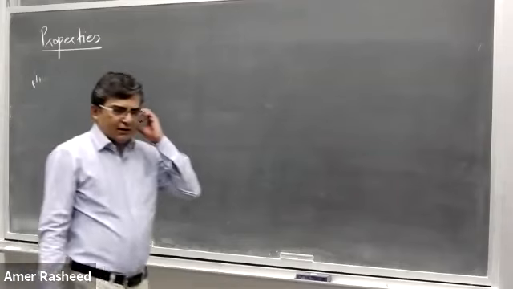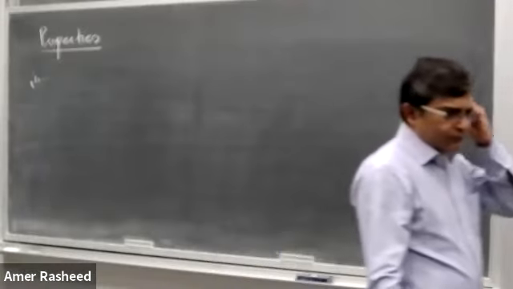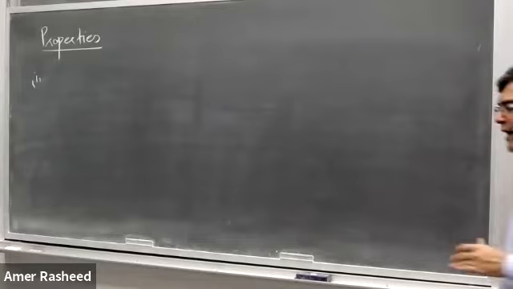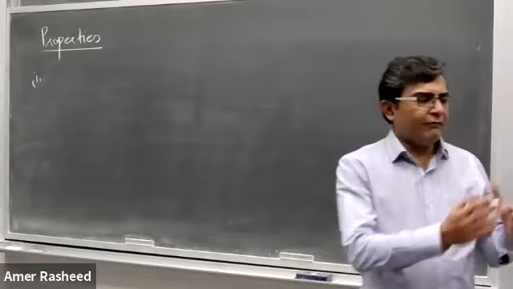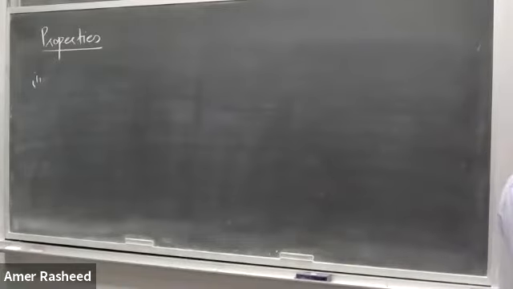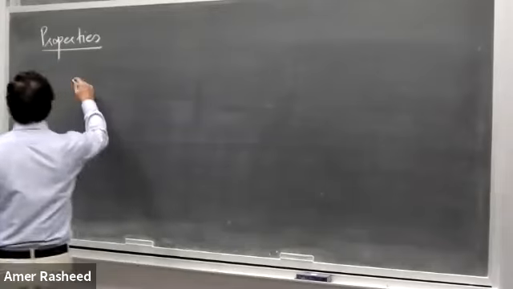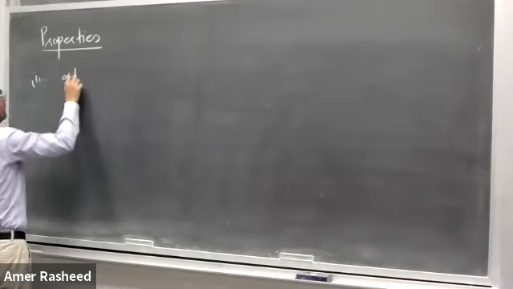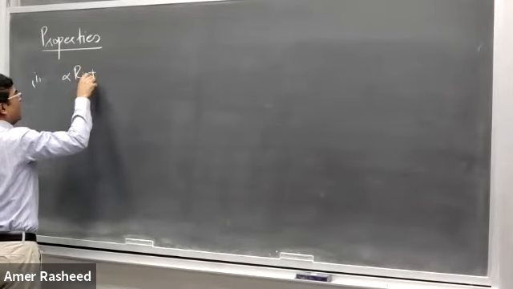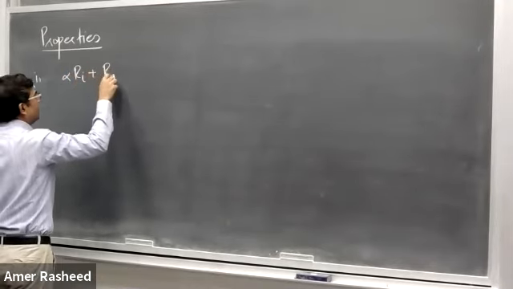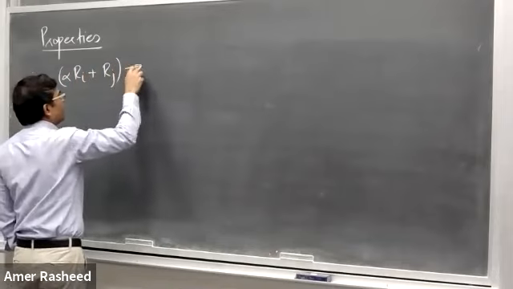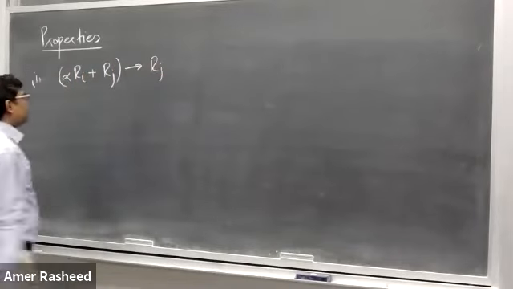What was the third elementary row operation in the determinants? That we can add a multiple of one row to some other row. That operation which we apply, for example, when we say alpha times Ri plus Rj. In that case, the row j will be changed.